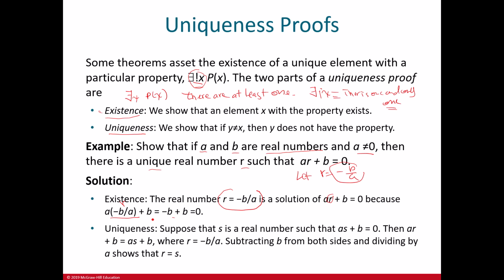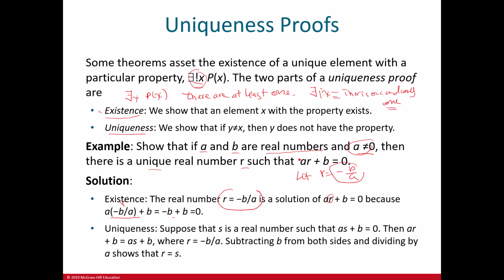Why is this a good show of existence? Because R is a real number. When I divide a real number by a real number, and remember here A is not 0, I'm going to get back a real number. There's no way around it. This is a property we call closure.